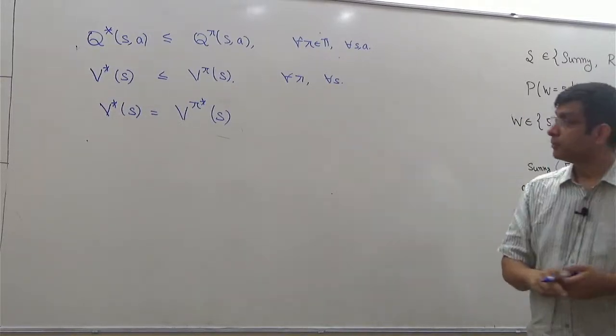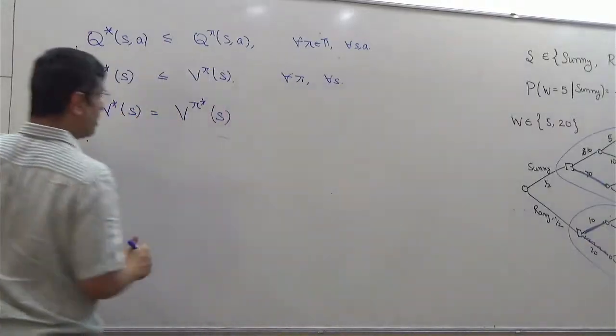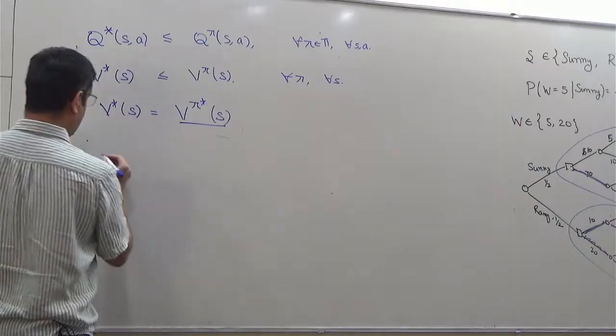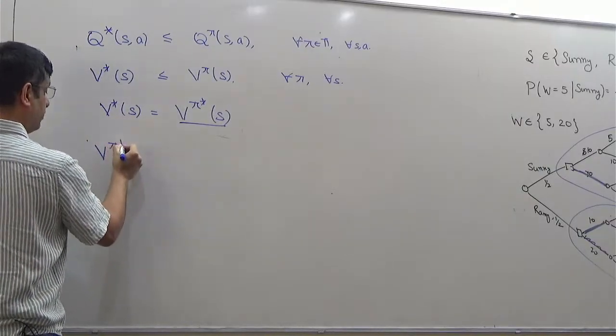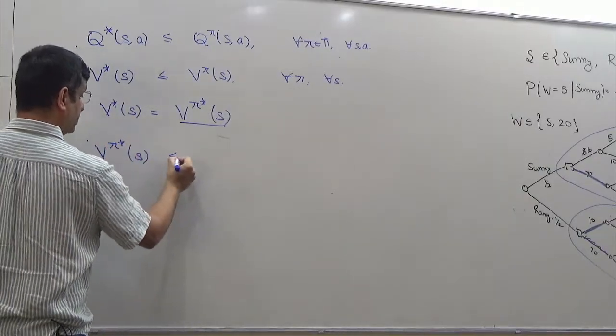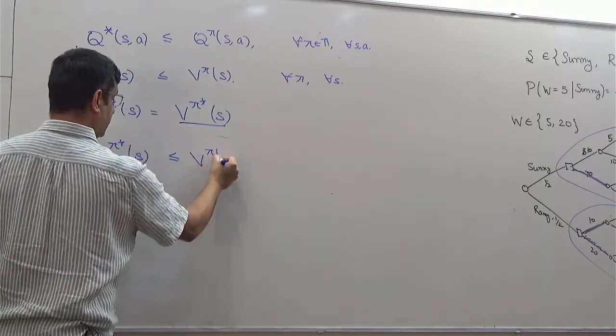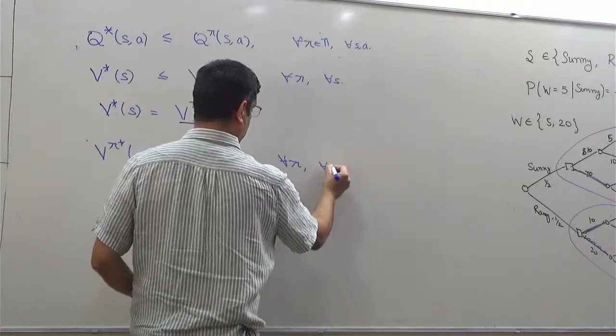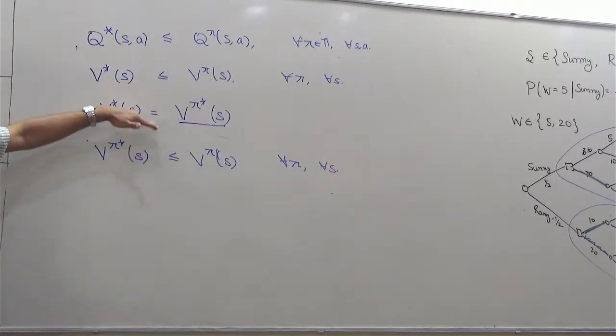Okay? All right? So once I have these two, I take the expectation. So what I have argued is essentially V pi star of S is less than or equal to V pi of S for all pi and for all S. Right? That's just combining these two statements.